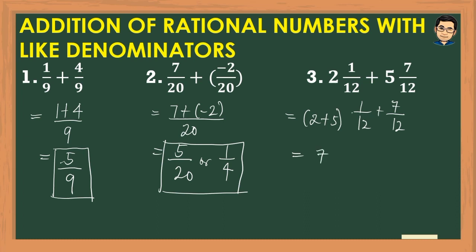And then 1 plus 7, that is 8 over 12. So 8 over 12, we can simplify it because the GCF is 4. So if we divide 8 over 12 by 4, our final answer will be 7 and 2/3.